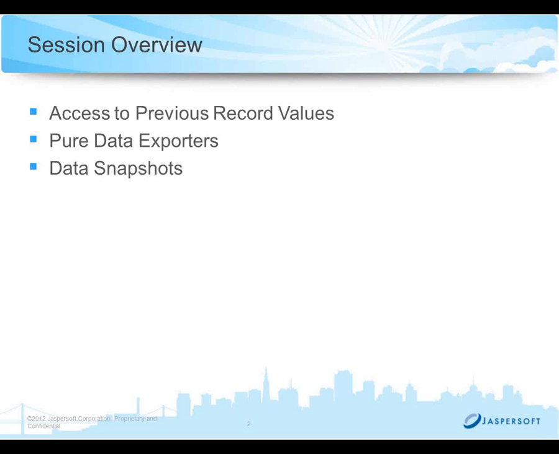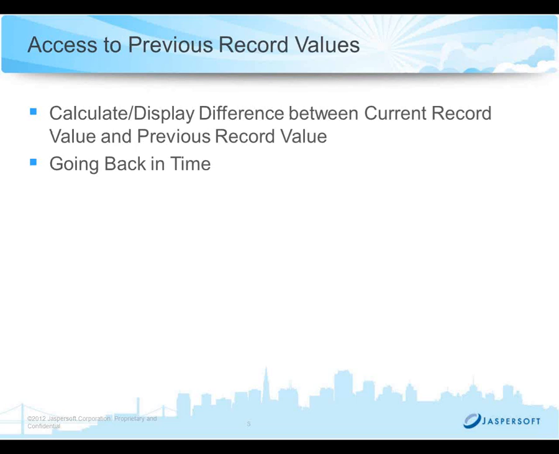So let's move to the first topic: how to get a hold of a value that sits on the previous record in our data source while we iterate through the data source of the report, and how to create formulas that combine values which sit on different records in the data source.